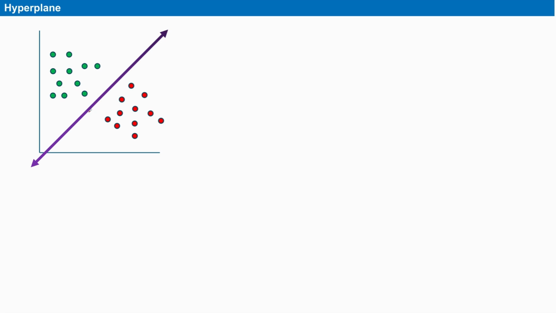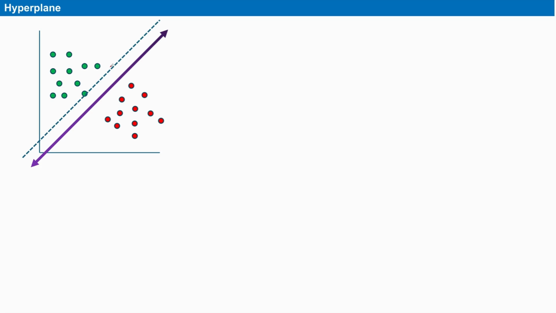Here the thing is that this hyperplane is not limited to this only. Parallel to this hyperplane, through the closest positive examples, again a parallel line will be passed, which is called the positive margin.